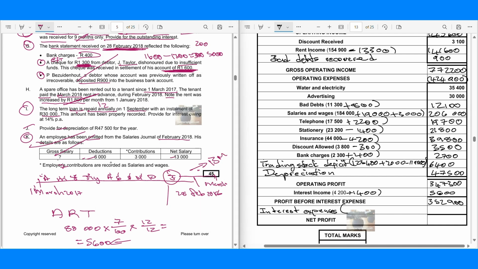So now we need to get our interest expense. They are saying that a long-term loan is repaid annually, 12 months on 1 September, with an installment of 30,000. This amount has been properly recorded, provide the interest owing. So we are owing actually.